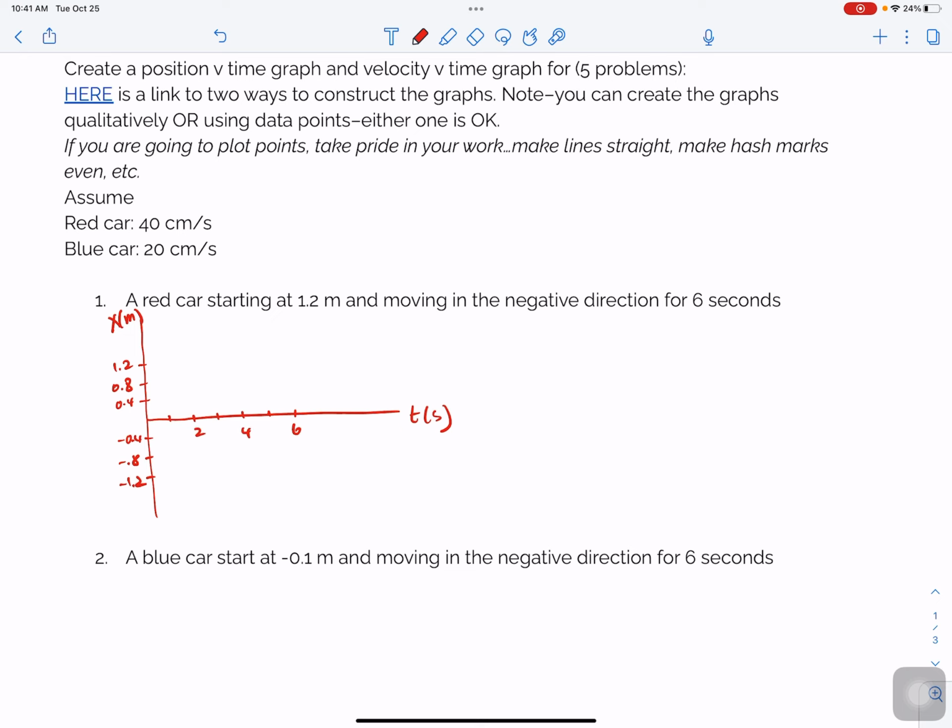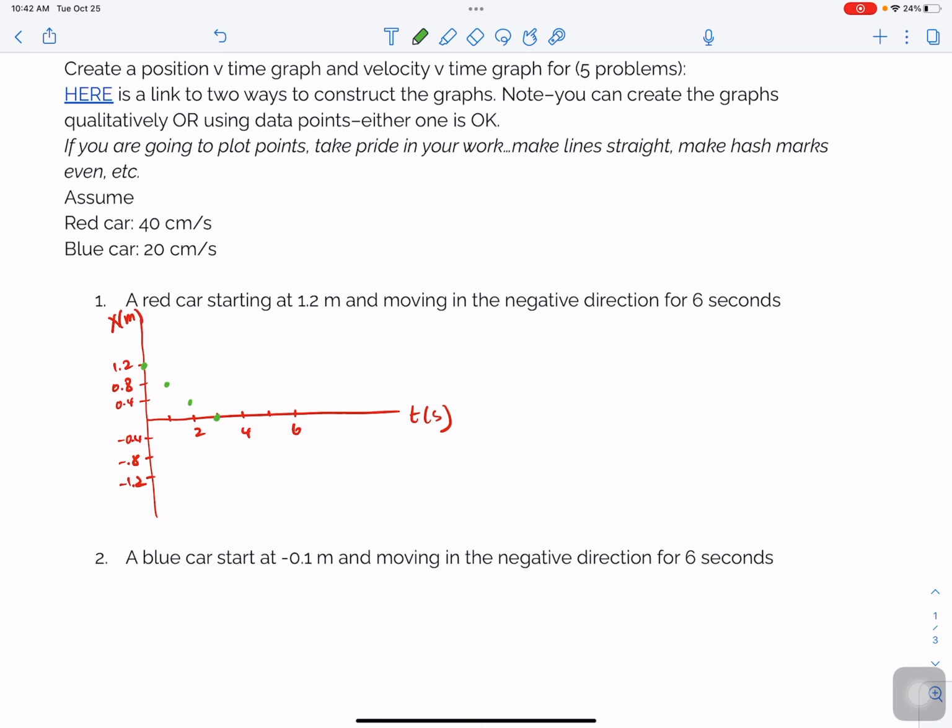Okay, so I start at 1.2 at 0 seconds. And then after 1 second, I'm moving in the negative direction, and so I've gone 0.4 meters in the negative direction. After 2 seconds, I've gone another 0.4 meters. At 3 seconds, I'm at 0.